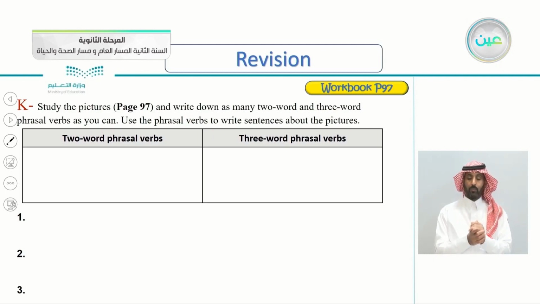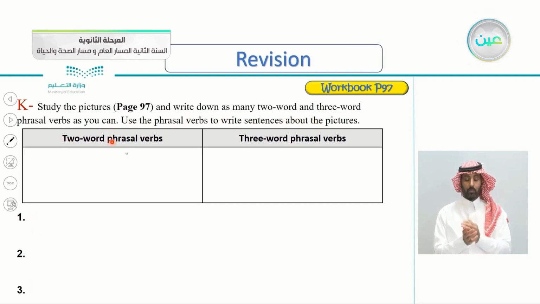Use the phrasal verbs to write sentences about the pictures. So open your books, page 97, and write 2-word or 3-word phrasal verbs for the pictures. Use the phrasal verbs then to write sentences about the picture. So we'll be writing some sentences here.